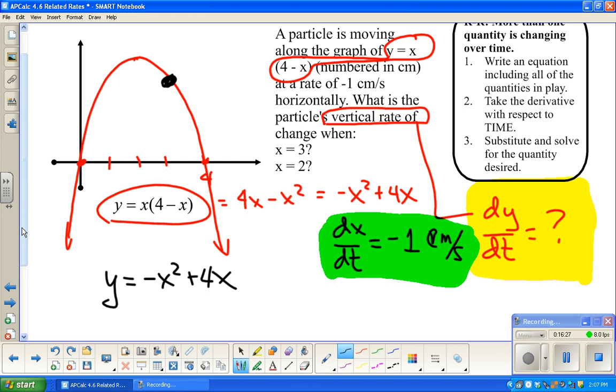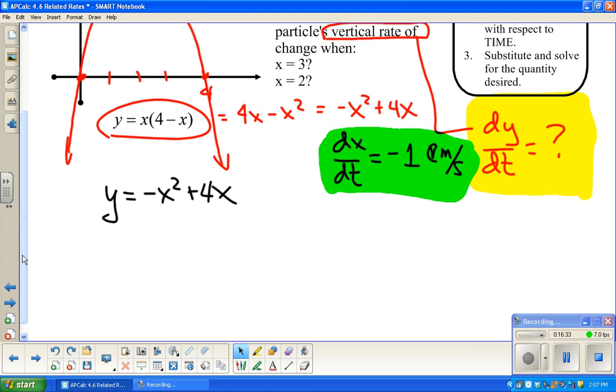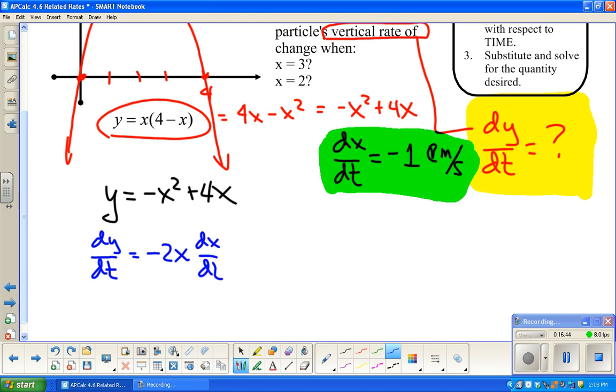So now that I have an equation, I'm going to take the derivative with respect to time. The derivative of y with respect to time is dy/dt. The derivative of -x squared would be -2x, but it's with respect to time, plus the derivative of 4x would be 4, again with respect to time.